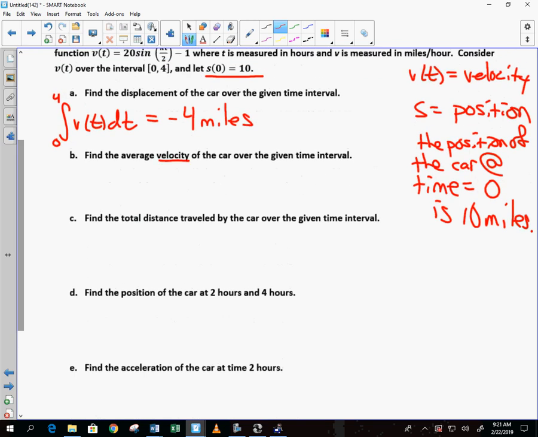So to find the average value of the function, we do 1 over 4 times the integral from 0 to 4 of v of t dt. Well, what is the integral from 0 to 4 of v of t dt? So 1/4 times -4 is -1.